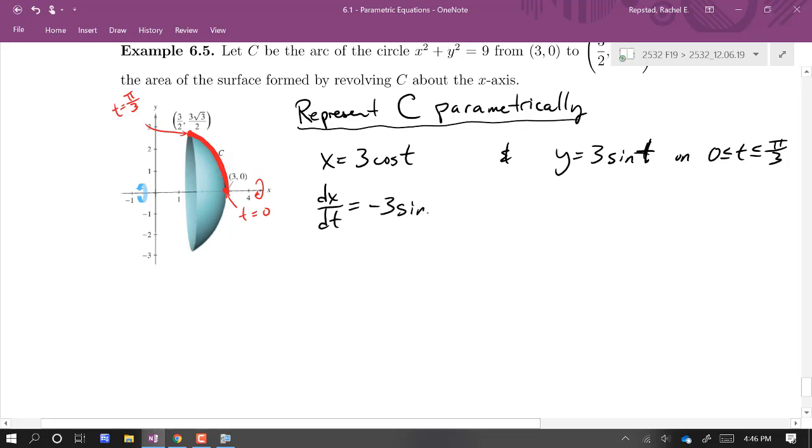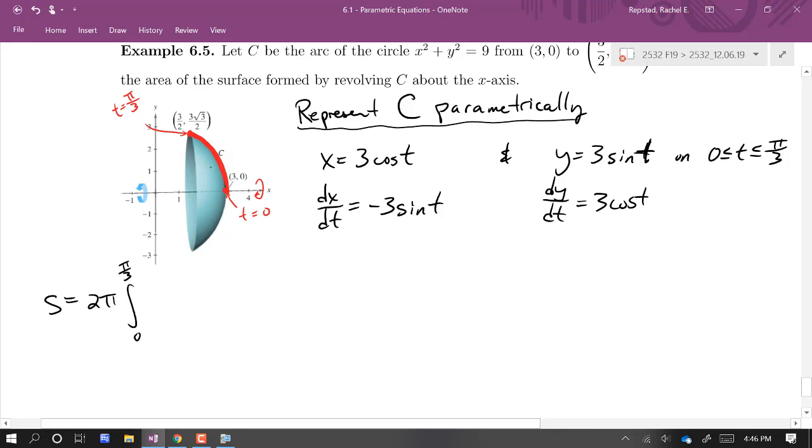Negative 3 sine t. What's dy dt? 3 cosine t. Great.